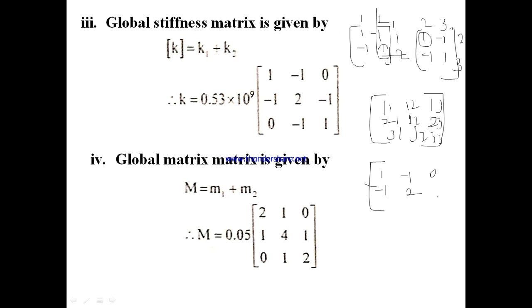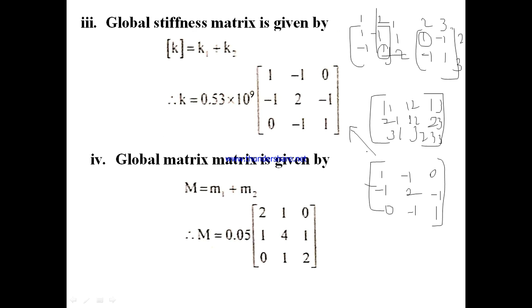Next is 2 3, this becomes minus 1. Again 1 3, I don't have any connection there, this becomes 0, and 3 2 becomes minus 1. How to check this horizontal and vertical? When I have 3 3, horizontal 3 then vertical 3, you have to match it. So this is 1.